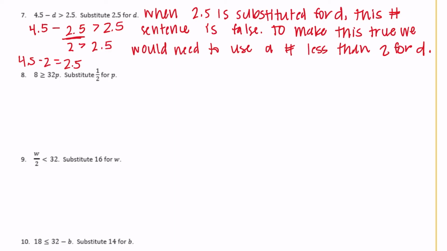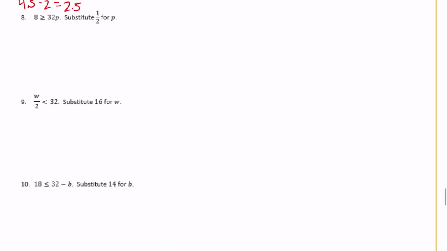Number 8. 8 is greater than or equal to 32p. Say 8 is greater than or equal to 32 times, substitute 1/2. So 32 times a half, or half of 32, is 16.